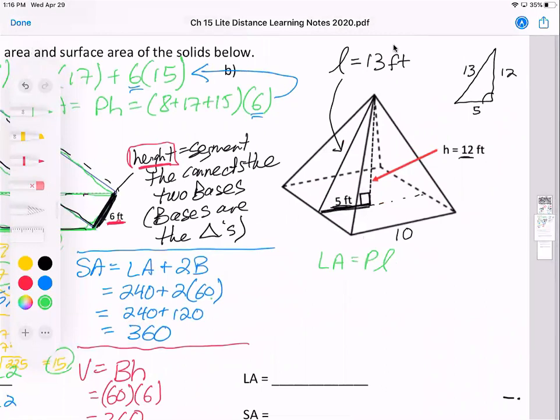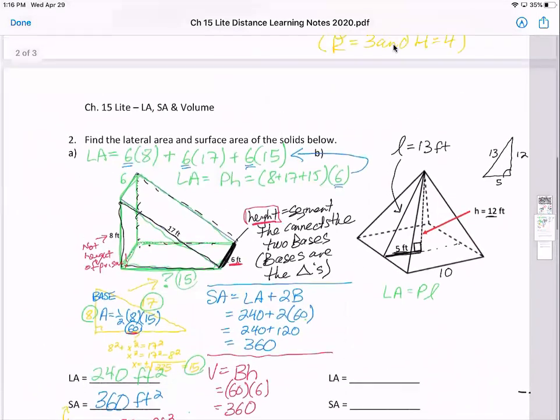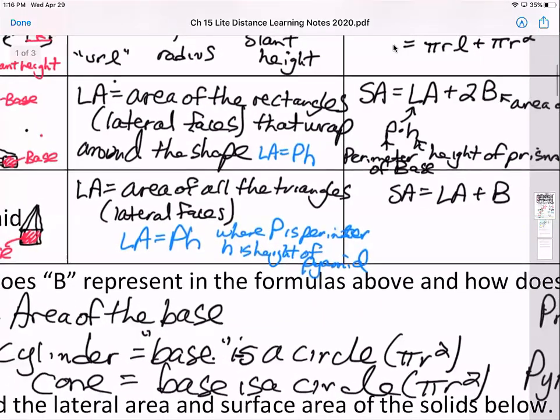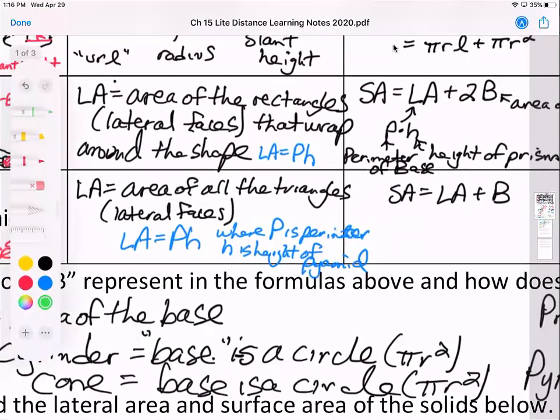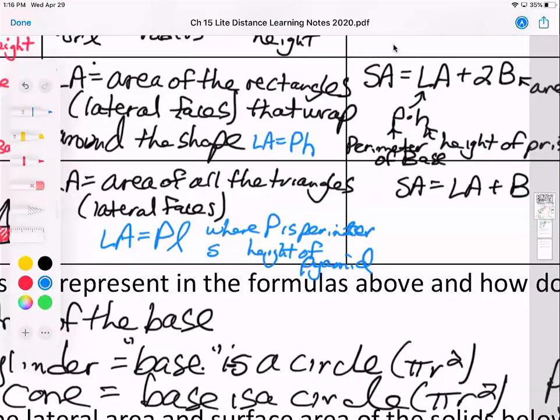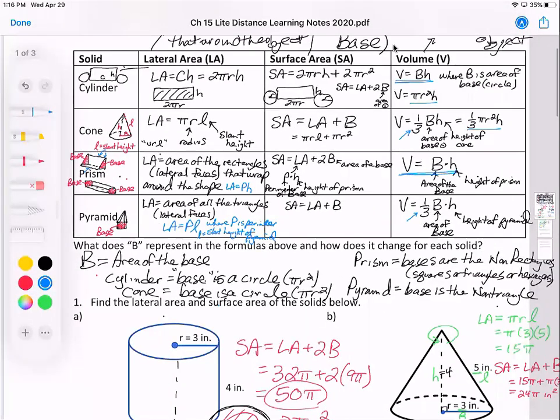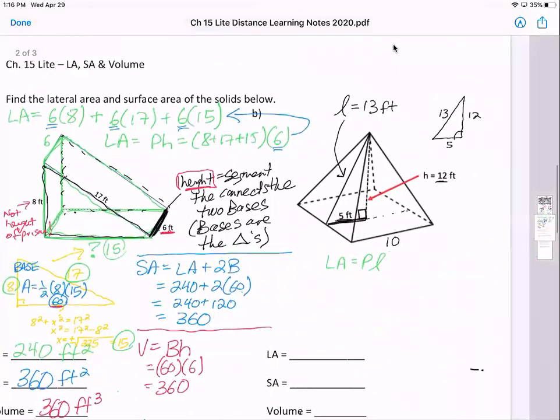I think I might have written it wrong. Let me go back up here. In the pyramid lateral formula, yeah, I wrote H. So that should be the slant height of the pyramid. L equals slant height of pyramid. Okay.